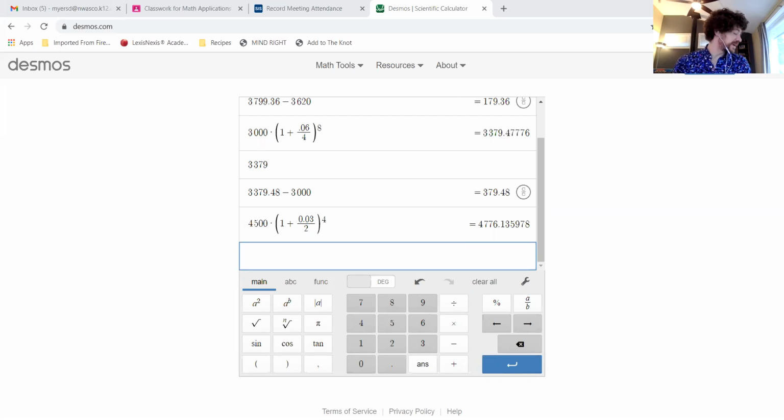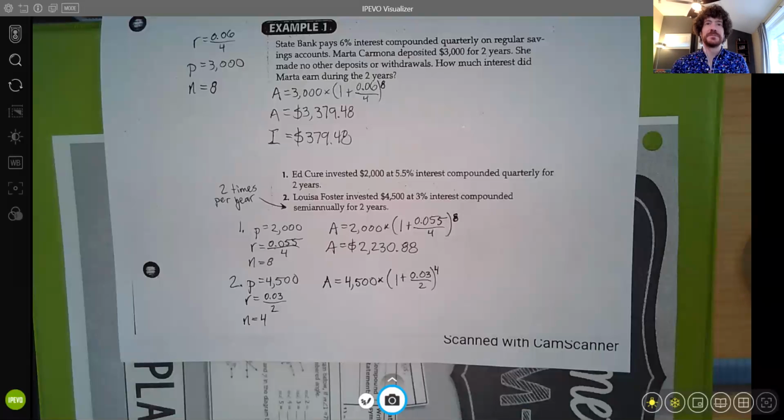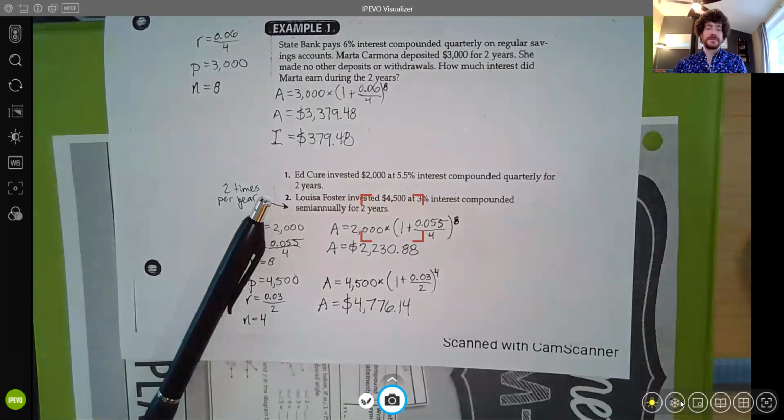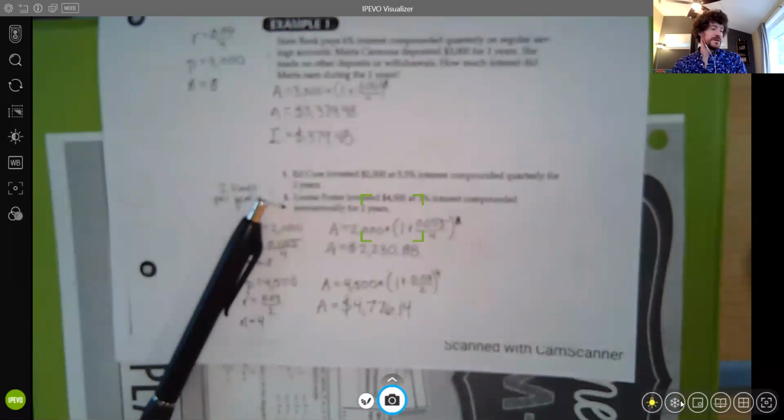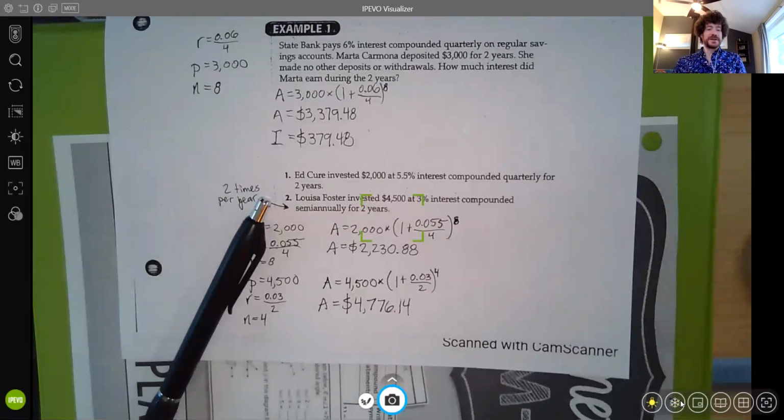All right. So does anybody have an answer? Because I think you can. I think we can see the Desmos scientific calculator now, right? So I'll head back here again. Back to the share. Here we go. So we should be looking at 4,776.14 for that one.